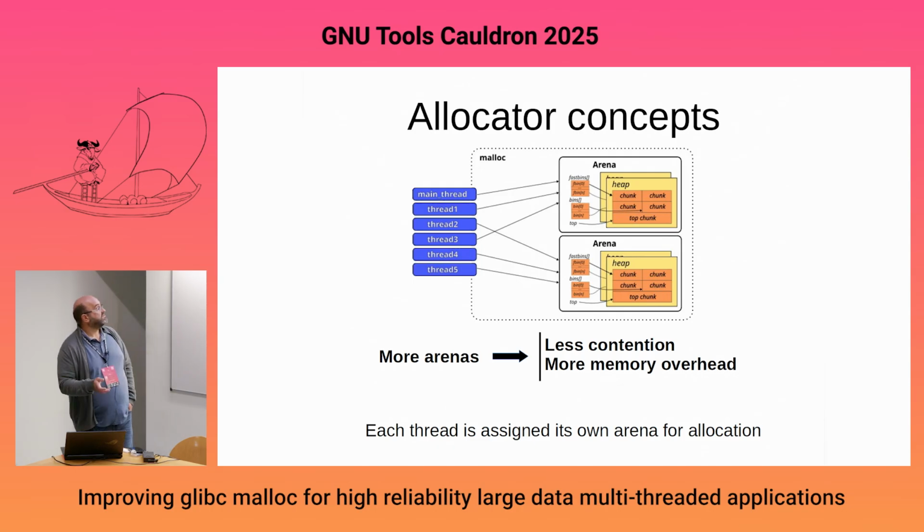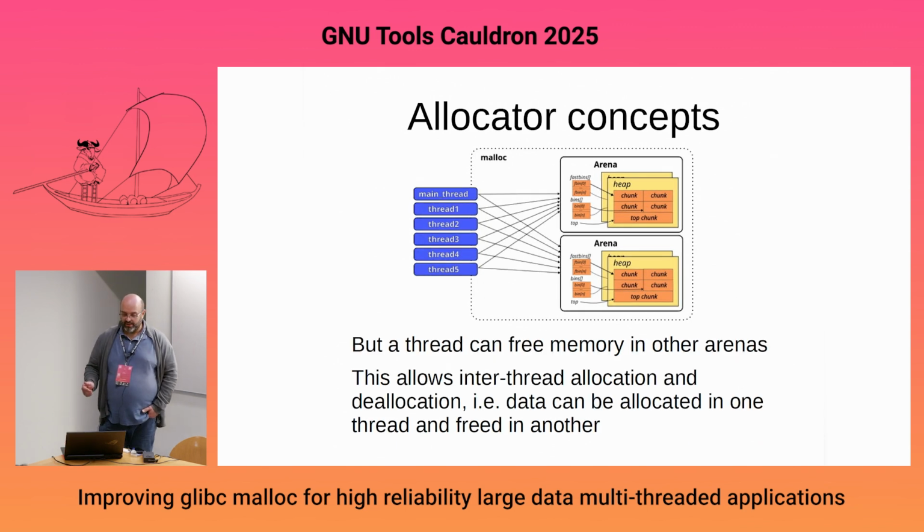So, at the last point, each thread only allocates from an individual arena and not interchanging. However, in C programming or many other programming languages, nothing guarantees that another thread will not free the memory allocated by the other thread.